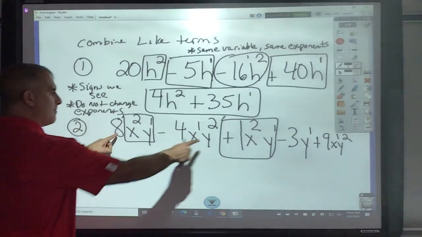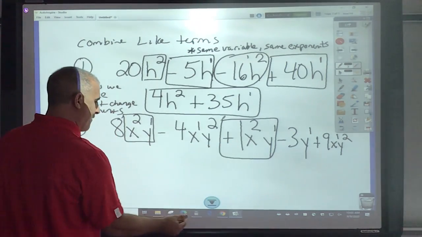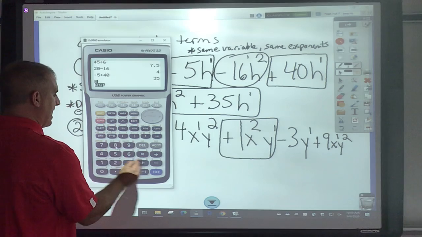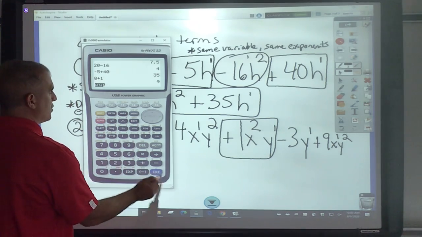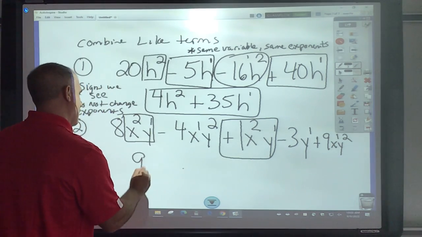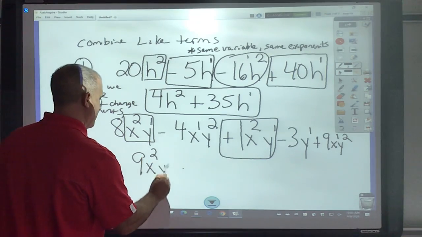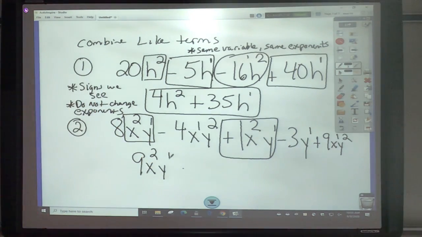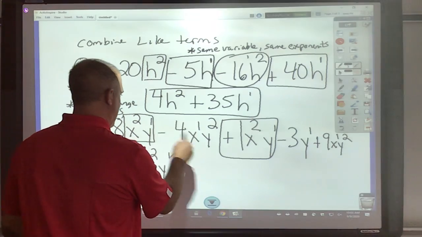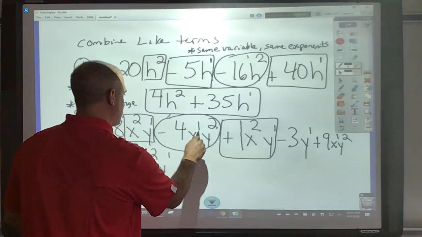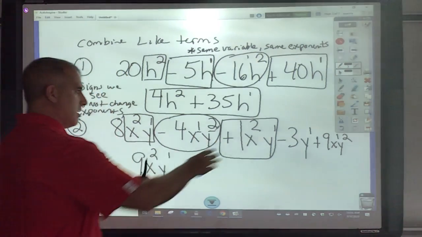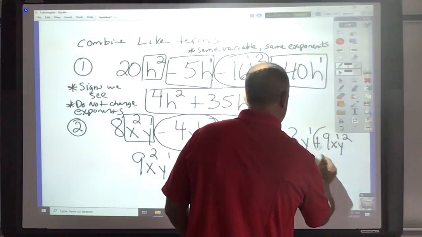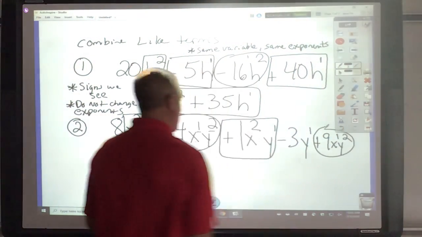So how am I going to combine that? My coefficients out front, I'm going to have 8 and a plus 1, which would give me 9, x squared, y1. I don't change anything. Now this one has an x1 and a y2. If I look over here, here is the match, an x1 and a y2.